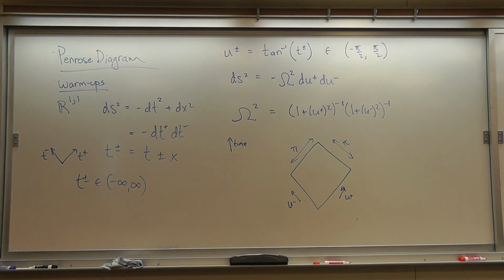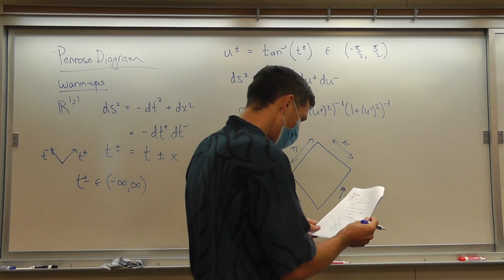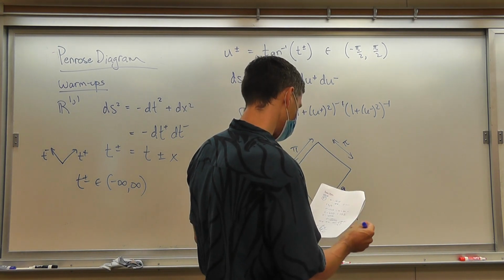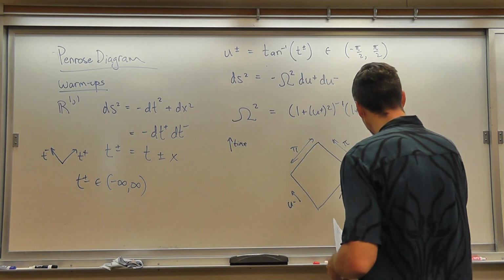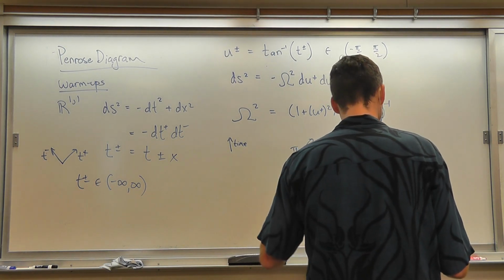So I mean this diagram literally now, unlike all these cartoons. So this is our Penrose diagram for R^{1,1}.